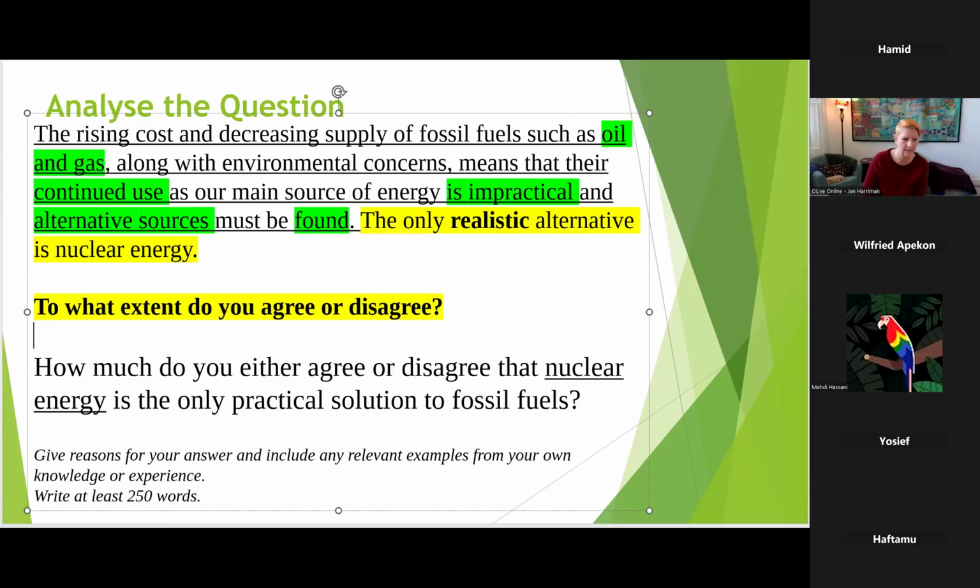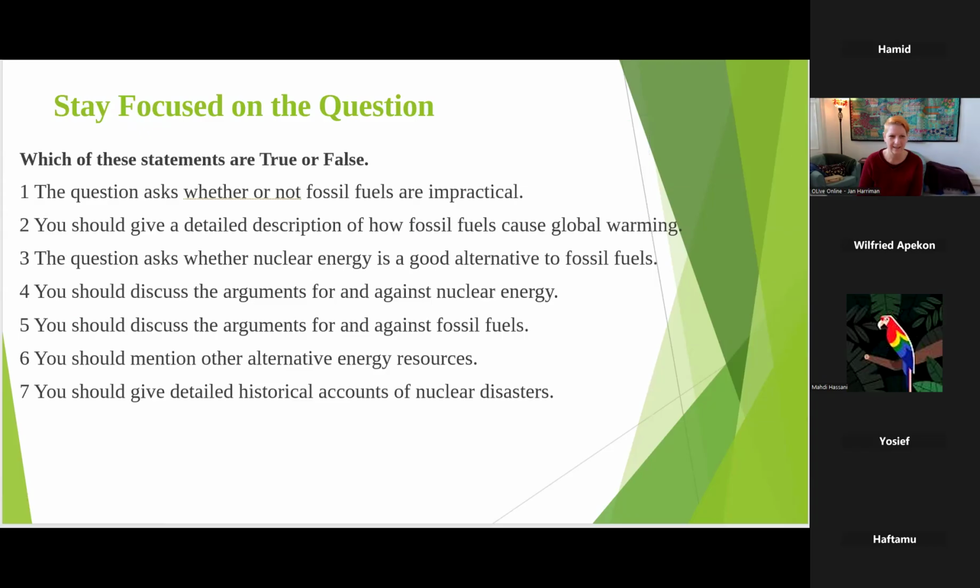All right. So, are we focused? Do we understand the question? Let's see if you understand the question. Which of these statements about that question is true or false?